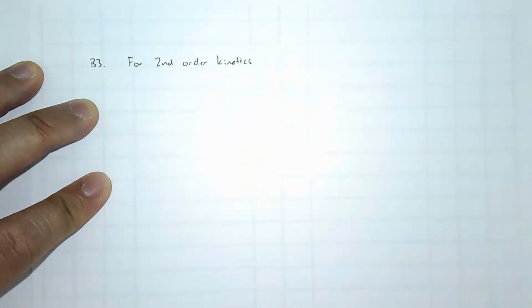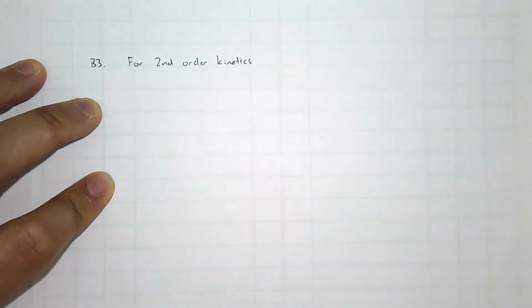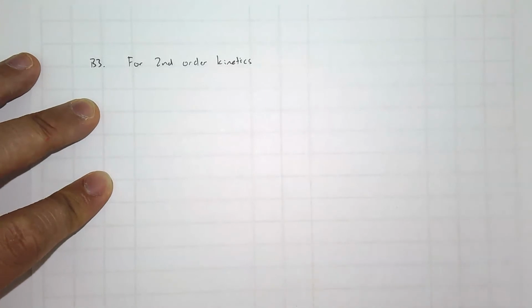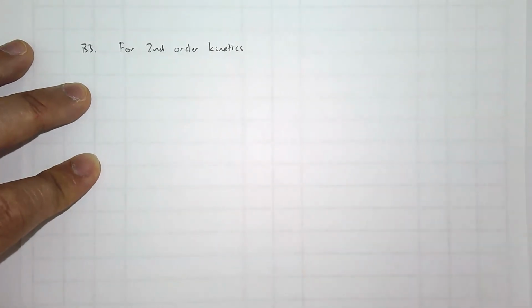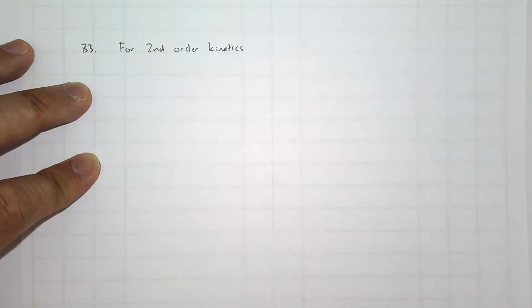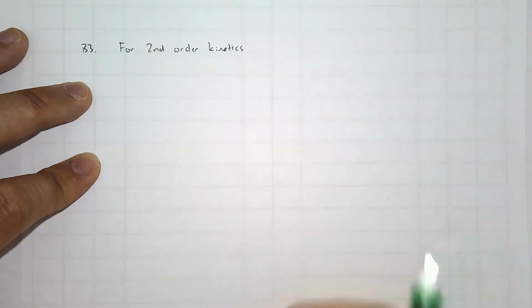You won't be expected to derive any integrated rate law for anything besides zeroth, first, or second order kinetics. And did I say derive? You won't be expected to know the integrated rate laws for anything besides zeroth, first, and second order kinetics.